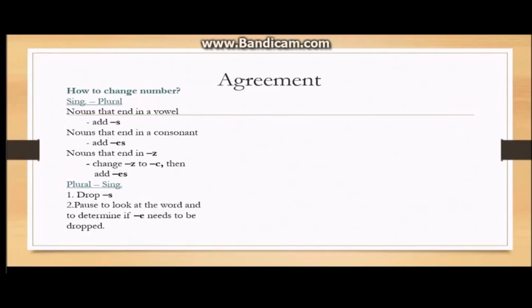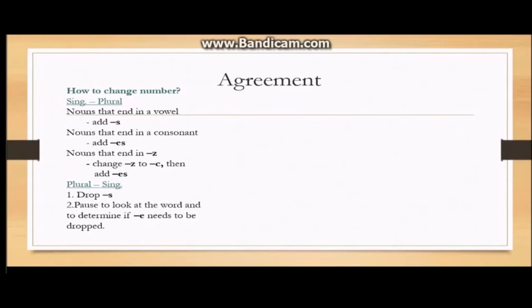If a noun ends in a vowel, we add S at the end to make it plural. Nouns that end in a consonant, we add ES to the end to make it plural. Nouns that end in Z, we have to first change the Z to C and then add ES to the end.